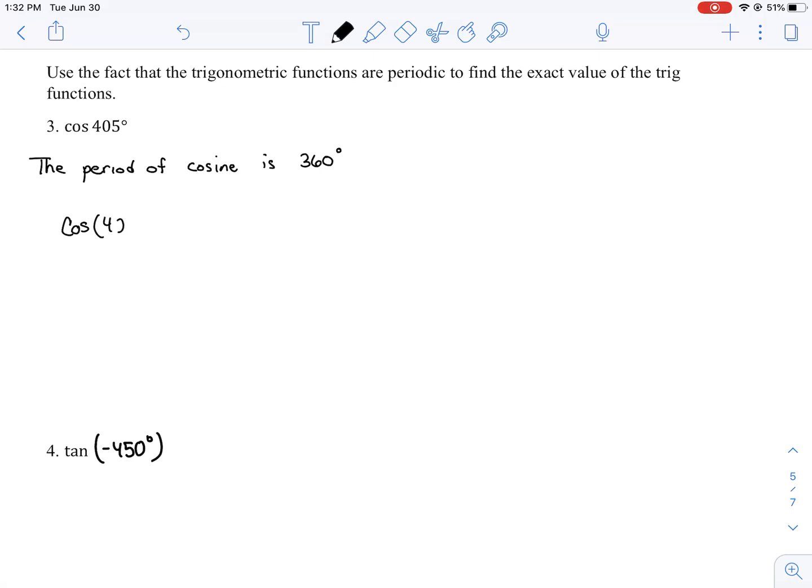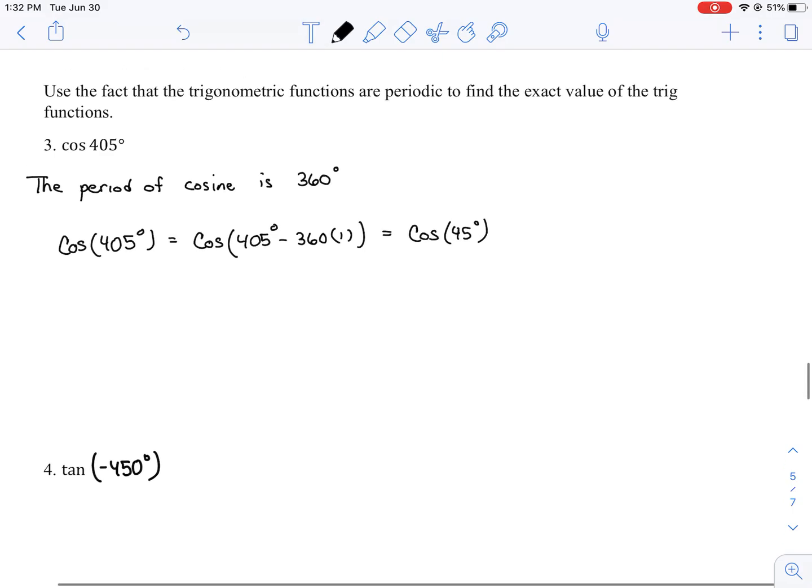So we know that the cosine of 405 degrees is equal to the cosine of 405 degrees minus 360 times 1, which is equal to the cosine of 45 degrees.